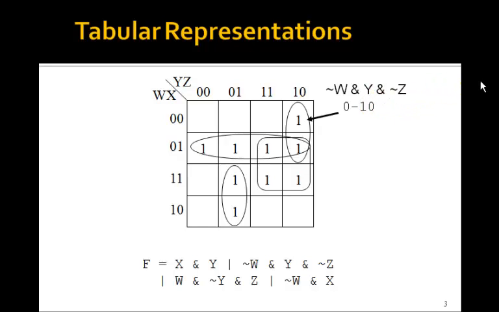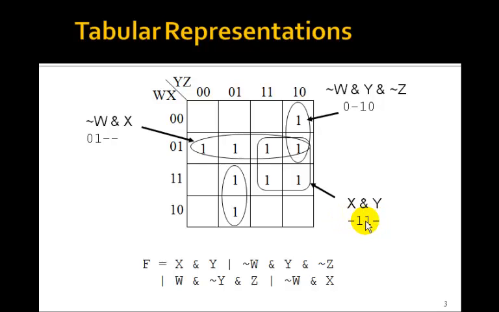So that's fairly easy. This one you see, we have not W and X, so not W is a 0, X is 1, and since the Y and Z went away, that's dash dash. Okay, let's look at this term. Here the W went away, so it's a dash. We're left with X, Y, 1, 1, and the Z went away, so it's a dash.